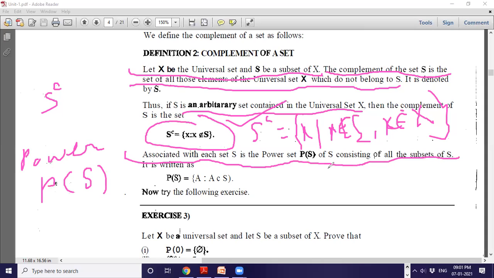So power set means वो set जो इस particular set S का हर एक सबसेट को इंक्लूड किया गया है. Meaning P(S) is the set which consists of all the subsets A of S. ठीक है.